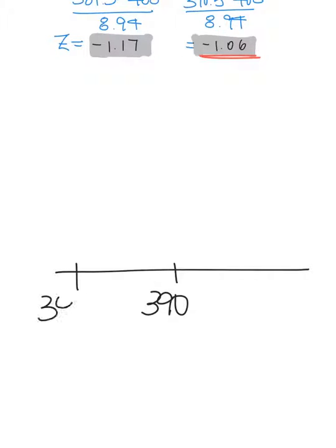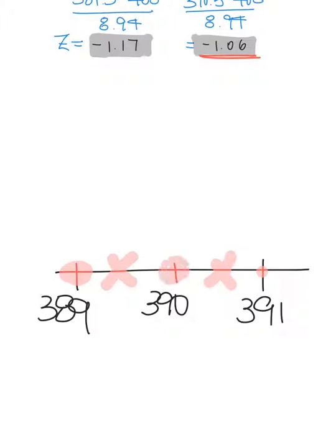So the previous value should be 389 and the next one must be 391. The binomial distribution is a discrete type, so we can take a probability at 389, at 390, at 391. It's not between these two. Only here, only here, only there.